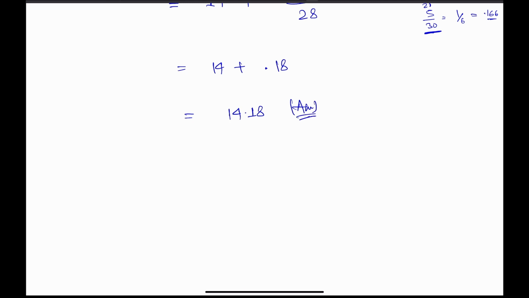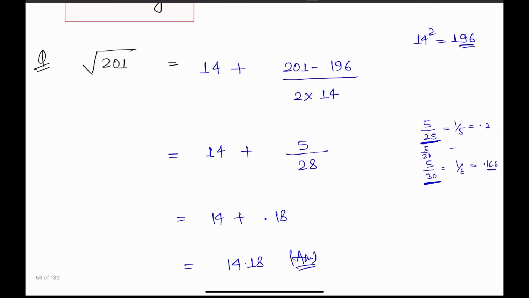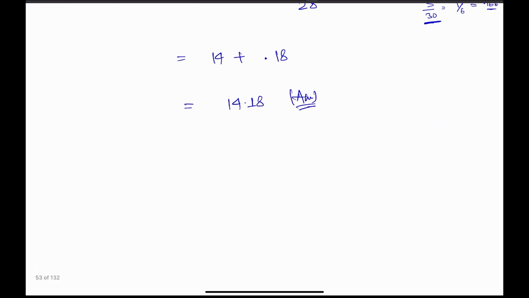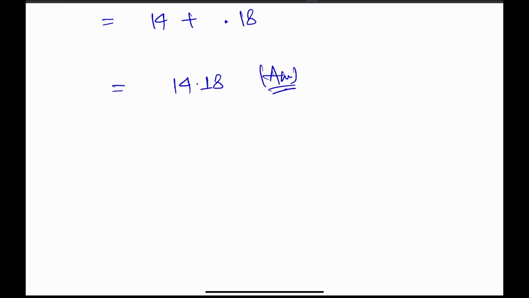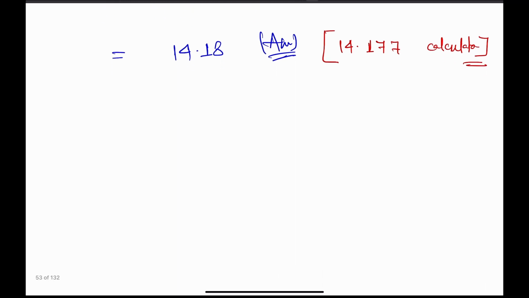If we check with the calculator, root over 201 is indeed 14.177. So it doesn't take much time. With time, when we already know how to calculate all these things, it will be easy for us to solve in no time.